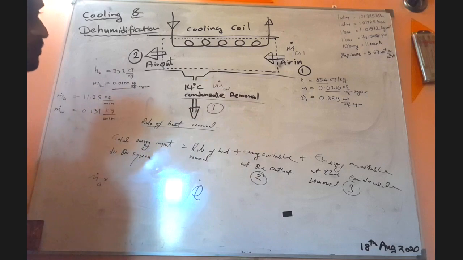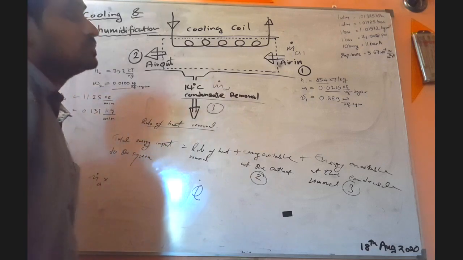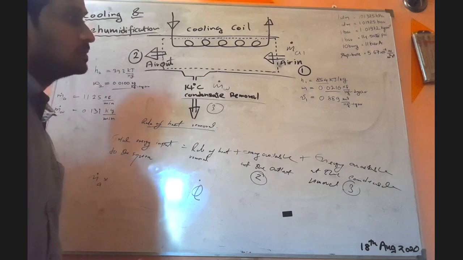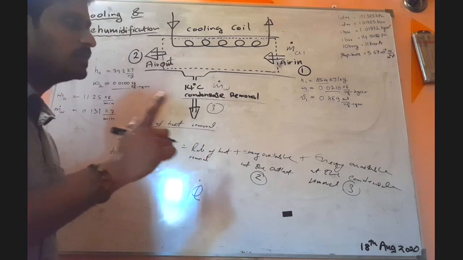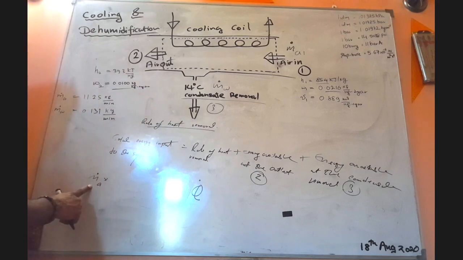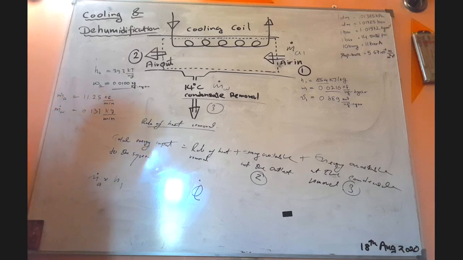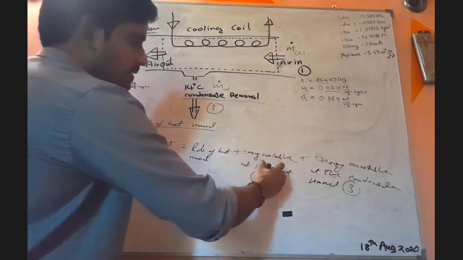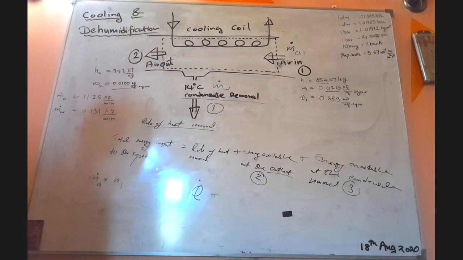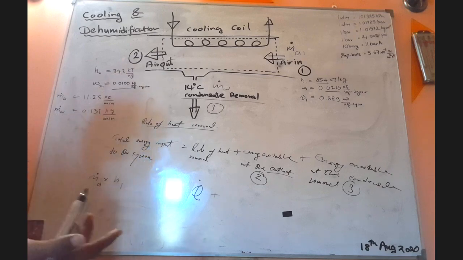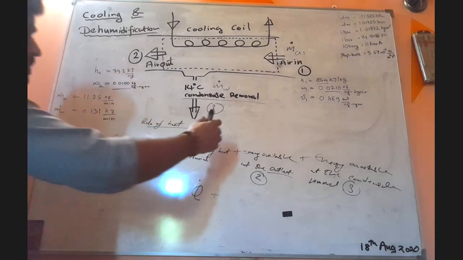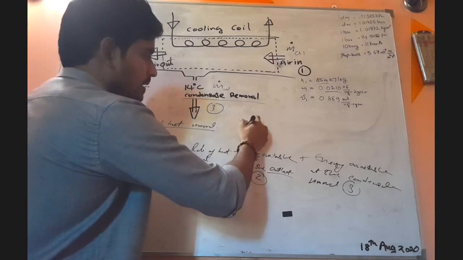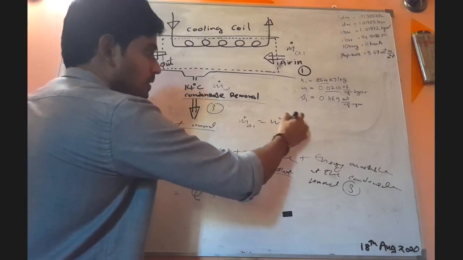What is h1? Enthalpy of dry air, that is given in kilojoules per 1 kilogram of dry air, right. So we know that, and we know the flow rate of dry air. So let's call it ma dot times h1, got the point, right. This is Q dot plus, so what is the energy available at the outlet, no problem. So what is the mass flow rate of dry air at the position 2, that is also ma dot, because I am reminding, ma1 dot equals ma2 dot equals ma dot.